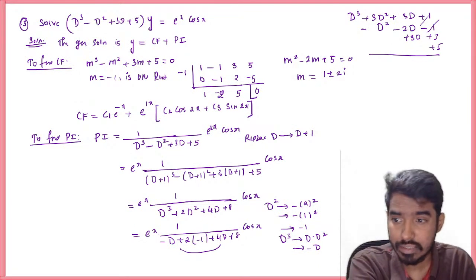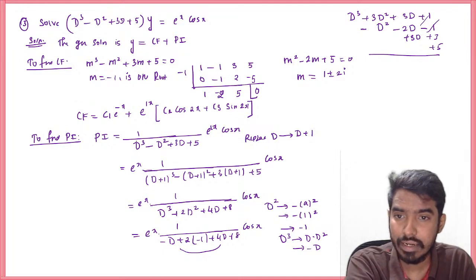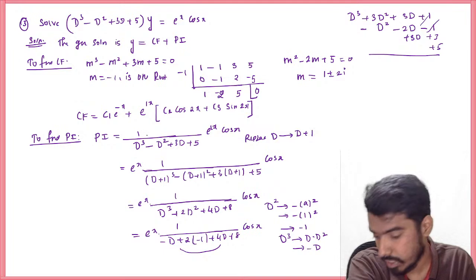Actually, we are not getting the answer. Is it correct, everything we are doing, right? d cube minus d square plus 3d plus 5.